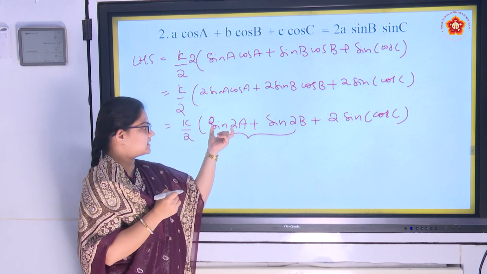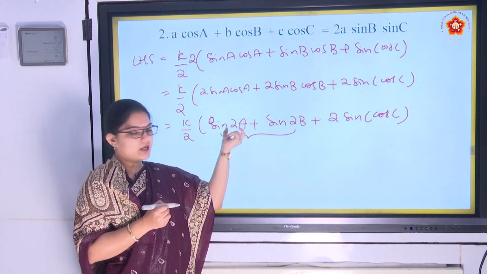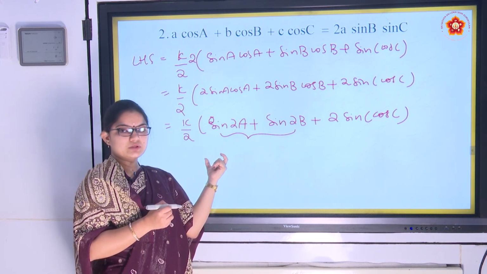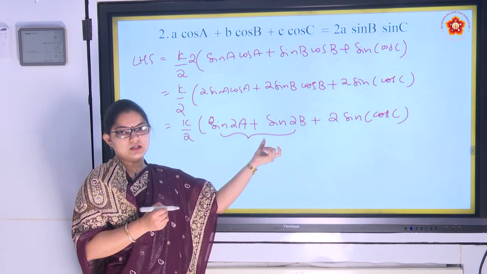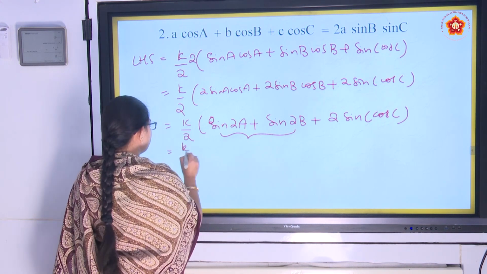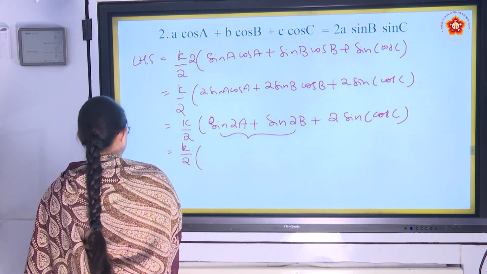So let us apply sin A plus sin B formula. So where the angle is here 2A and here it is 2B. So sin A plus sin B formula, that is 2 sin A plus B by 2 cos A minus B by 2 formula. So if we apply that we have k by 2 into, so we can apply that.